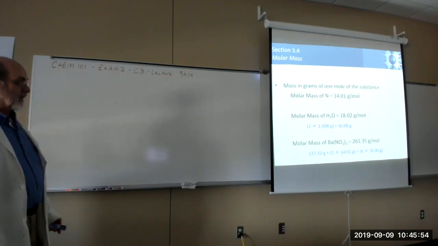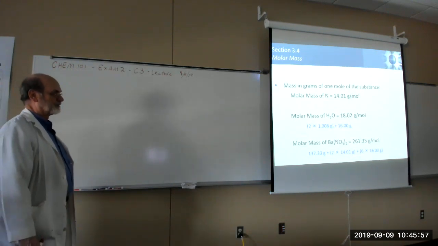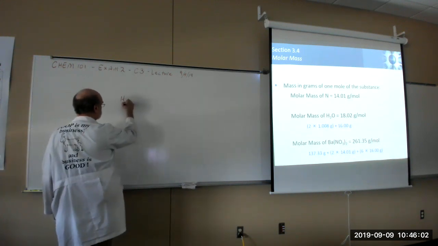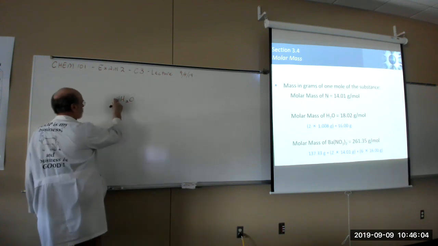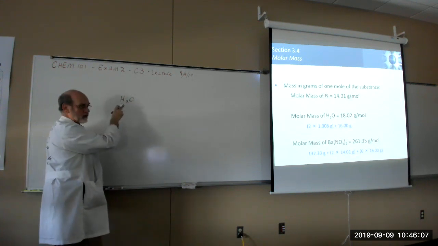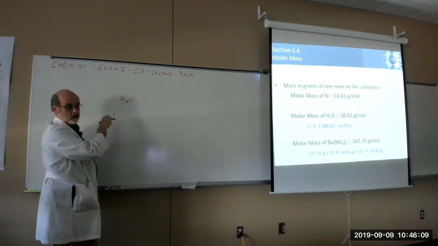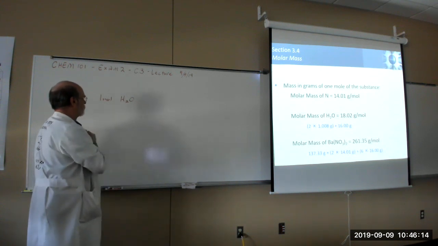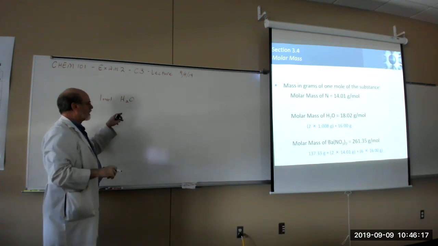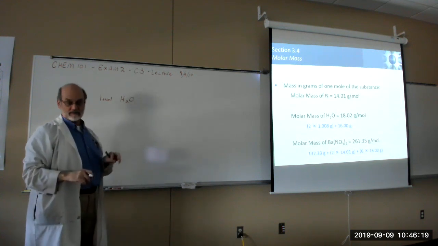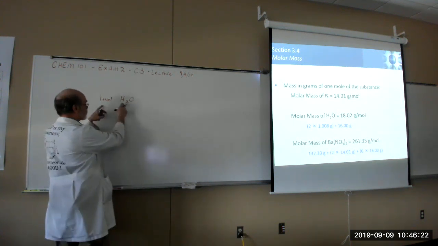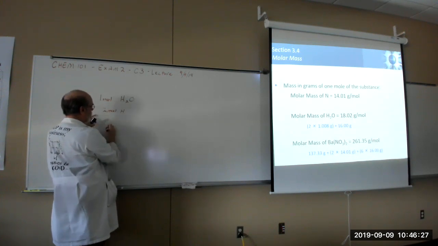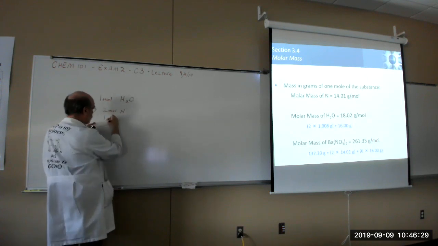Molar mass of water then is what? How do you do the molar mass of a molecule? H2O. It's going to be the mass of water when you have a mole of water molecules. So if you have a mole of water molecules, how many moles of each of those atoms do you have? You have 2 moles of hydrogen, and 1 mole of oxygen.